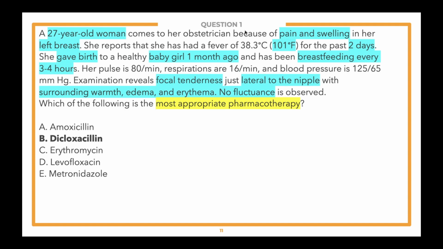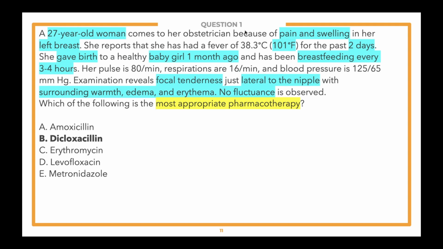That, on top of the fever in the setting of lactation, suggests a diagnosis of lactational mastitis, okay? Acute lactational mastitis. It's associated with fevers, and you often have a red, swollen, painful breast, okay? If you had fluctuance, that would indicate an abscess has developed. Well, we do not have that in this situation, okay?